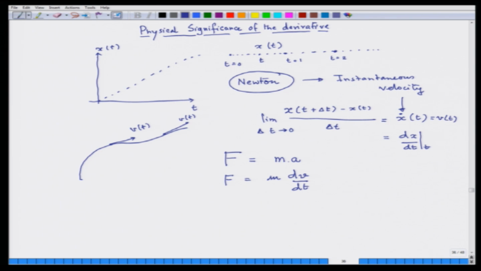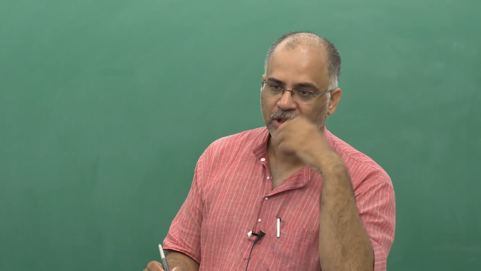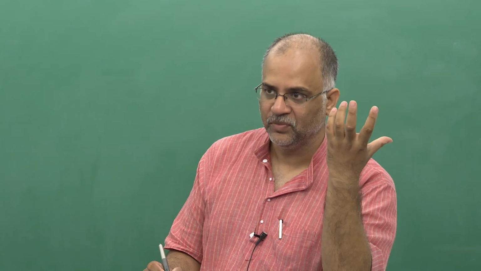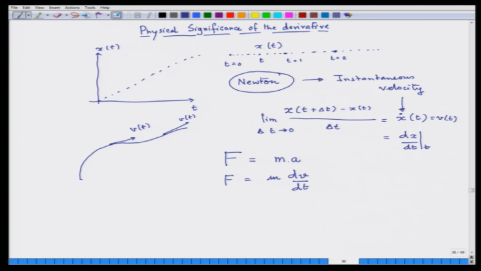So, derivative is the rate of change. In fact, when Lord Kelvin was teaching calculus to his physics students in Cambridge, they got very confused with the standard way of talking about derivatives. Then he told them, don't worry, derivative is nothing but the velocity.